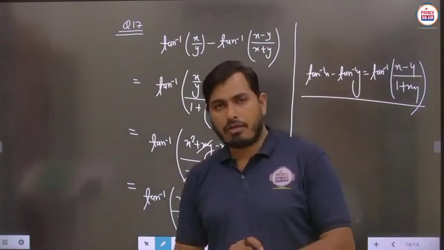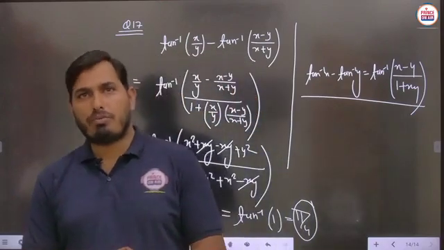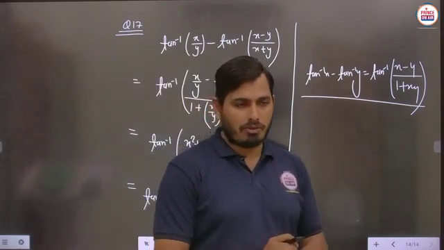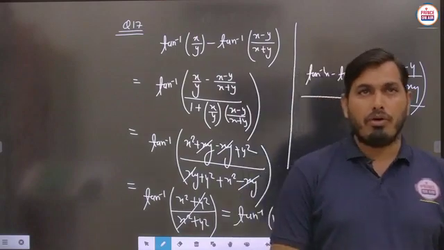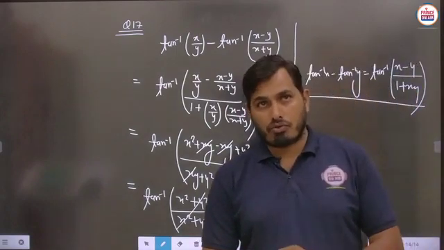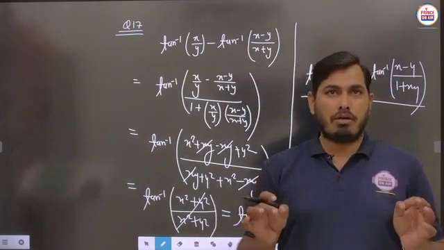Now the important thing, students, a subjective paper is given as per the board level. The subjective paper is provided to you in the app. So we have to read the theory carefully.